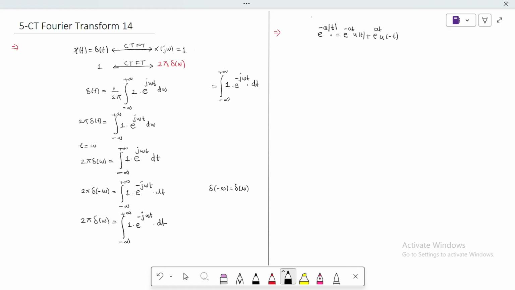So this is e power minus a mod t. Its Fourier transform we have already derived: 2a by a square plus omega square.